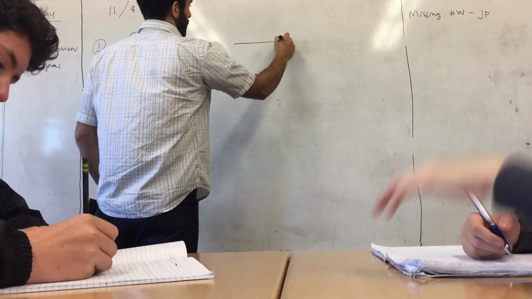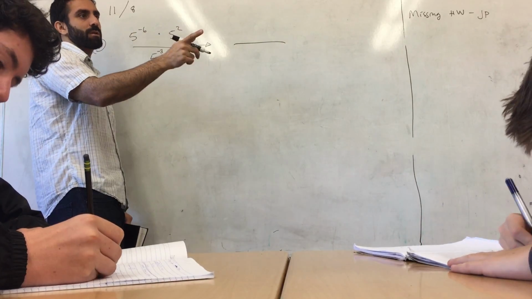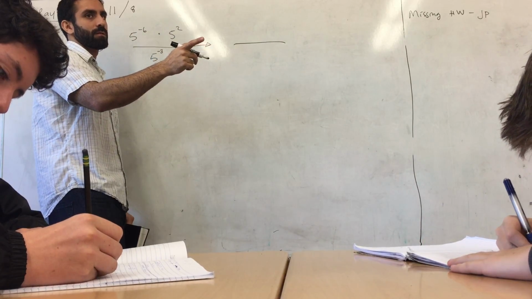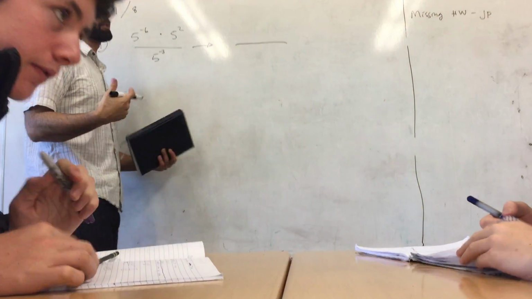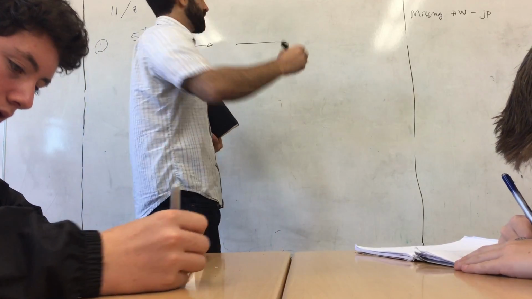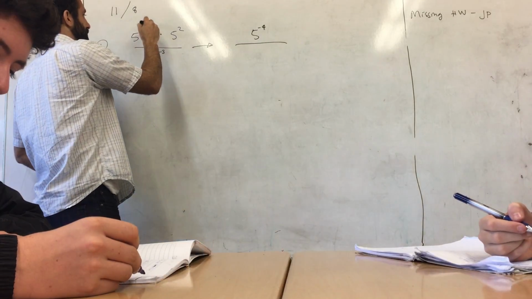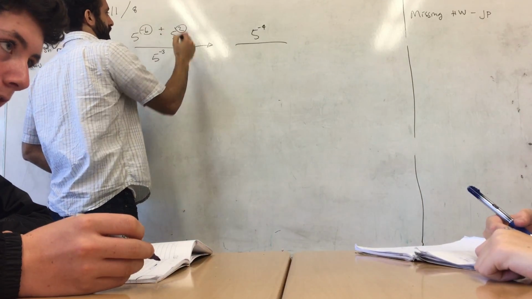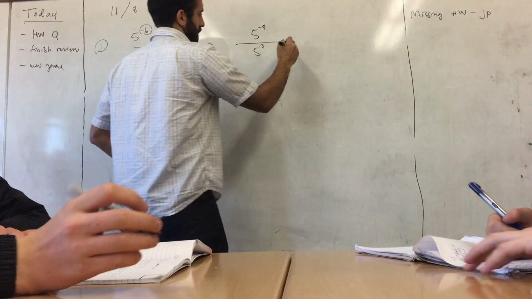Okay, what's the numerator going to be, Isaac? 5 to the negative 4. Okay? You add these, plus that. And then you subtract the negative 4 and the 3.